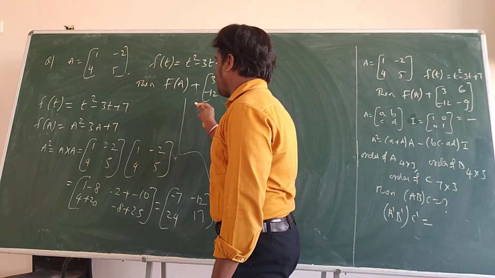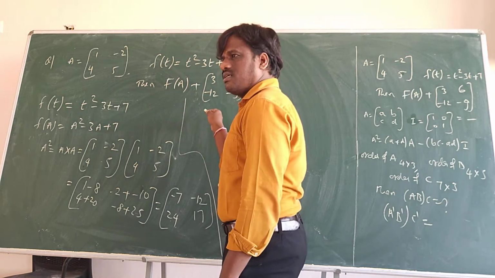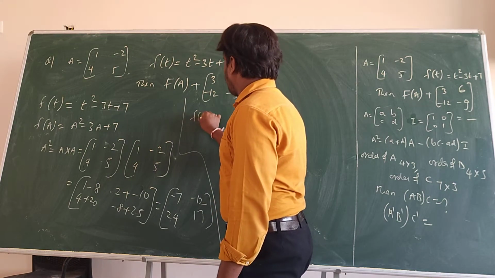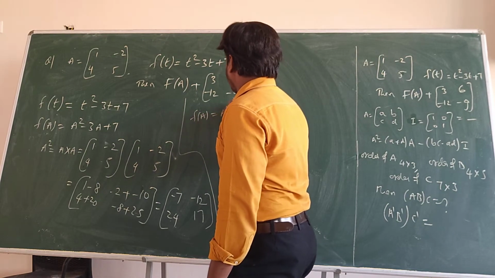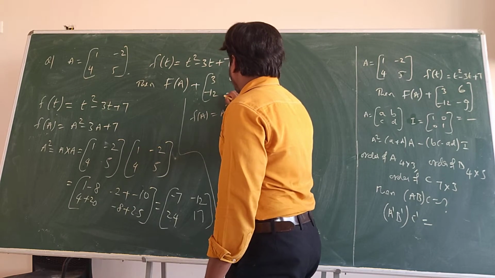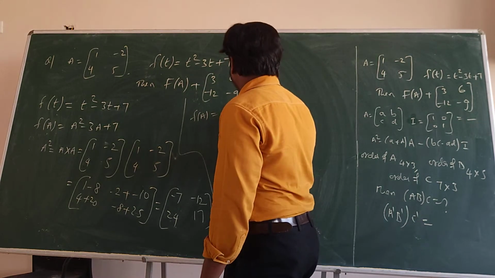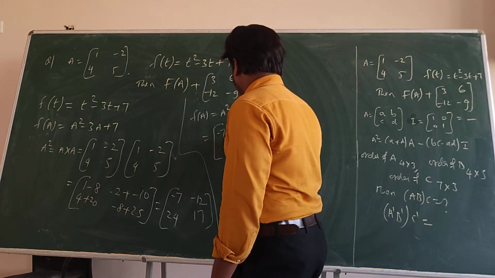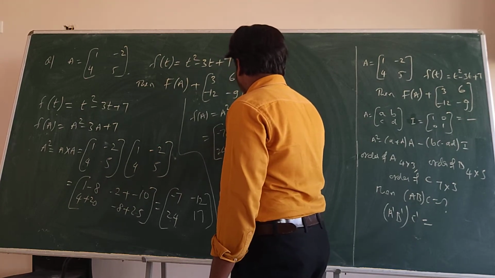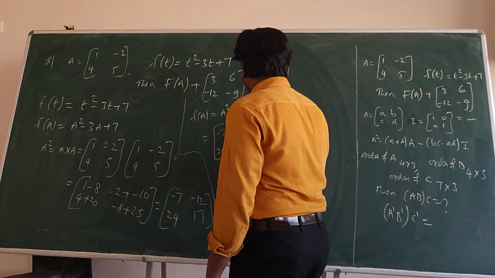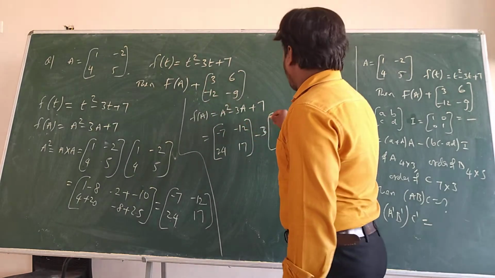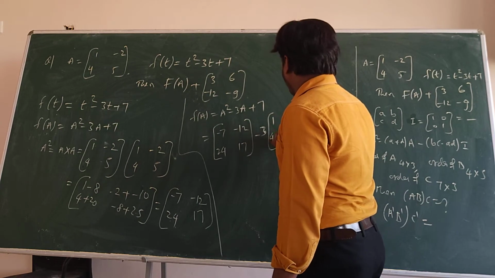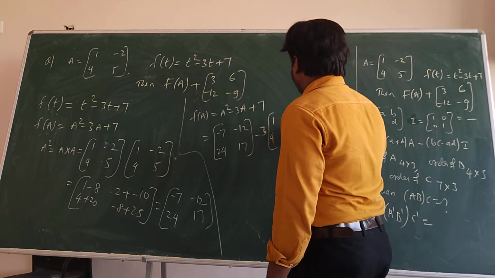3A. So we'll find it directly. F of A is equal to A square minus 3A plus 7. A square you got as minus 7, minus 12, 24, 17, minus 3 times the matrix 1, minus 2, 4, 5, plus 7.